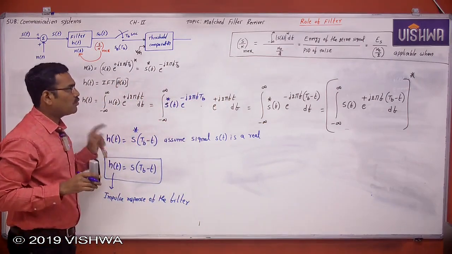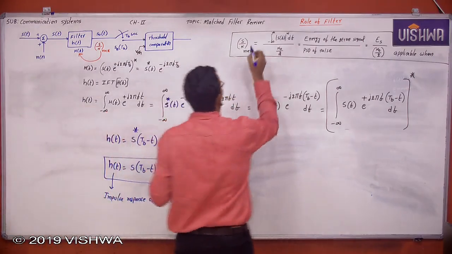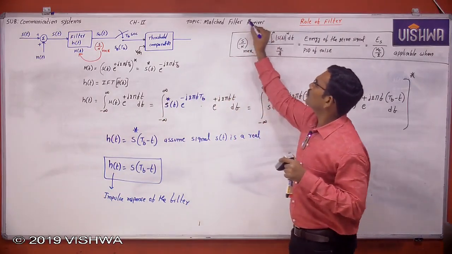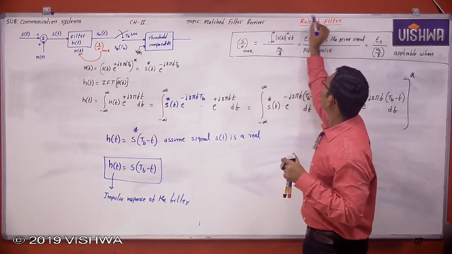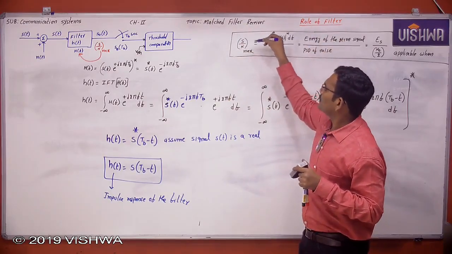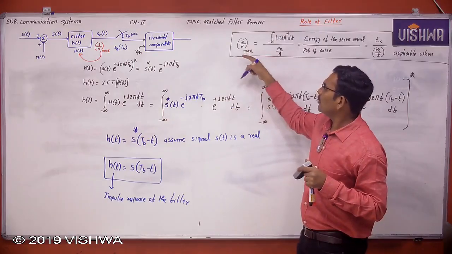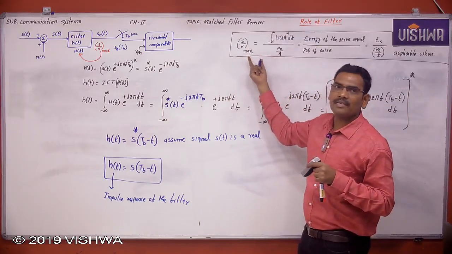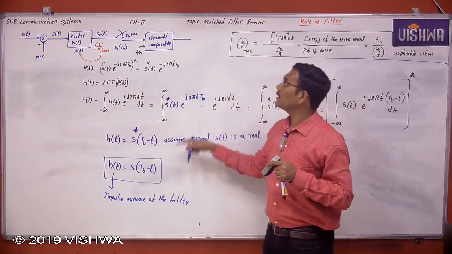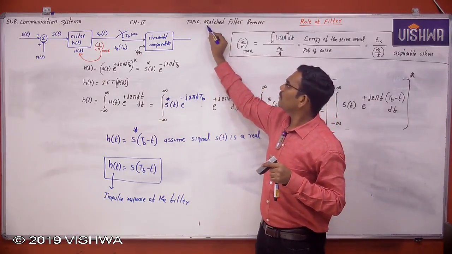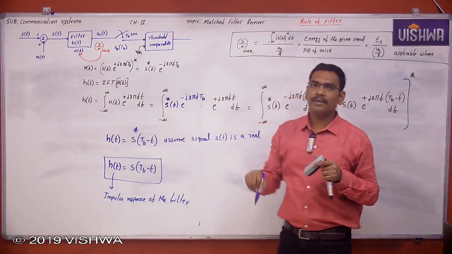But so far what we know is the receiver, and the input to the receiver, why you are using this filter, what is the role of the filter, what are the filter characteristics, how the signal to noise ratio is maximum, and what is the maximum signal to noise ratio at the output of the filter. Everything is clear. Now we will see the reason behind why this filter is named the matched filter.